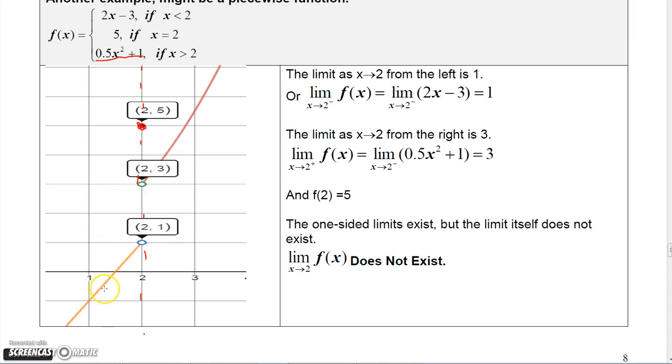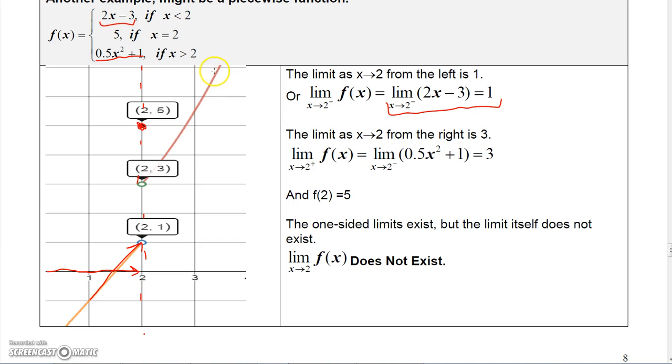If you approach 2 from the left, if you approach 2 from this side, you're going to be approaching through this piece. Okay? Well, the limit from this side is going to be what you would get if you plugged 2 into that function. So the limit from the left is going to be 2 times 2 minus 3, which is 1.